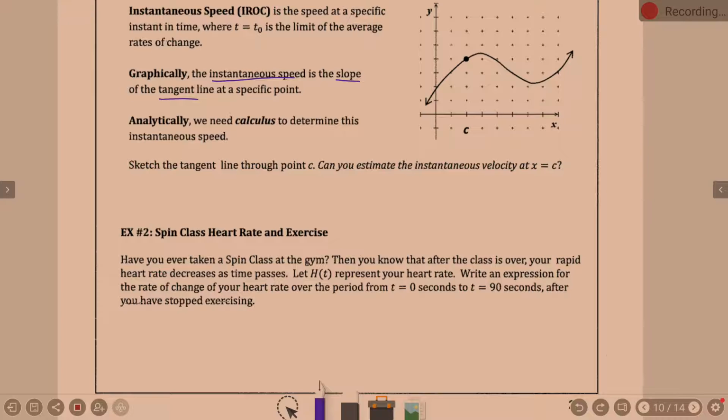A tangent line is going to go through that point, but it's only going to touch the curve at that point. It's not going to cross through the curve, right? I always feel like we know tangent lines better than we do secant lines. I don't know why, but I do. So our tangent line is going to go right through there.